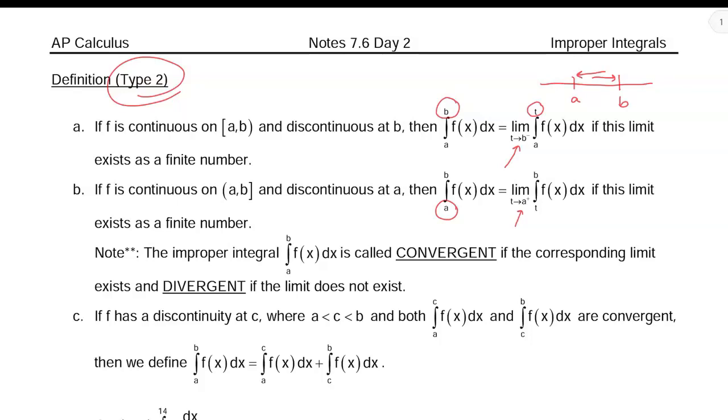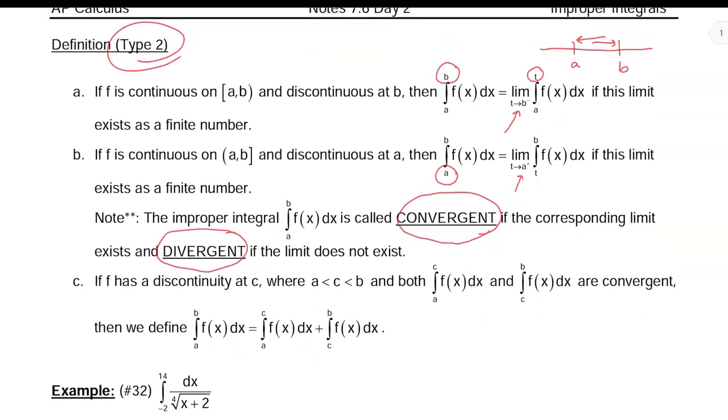Of course, if we do get a finite number, the integral is considered convergent. If we get infinity, then it is considered divergent. You could also have a discontinuity in between a and b. So you're on the interval from a to b, and there's some location c between a and b where a discontinuity is occurring.